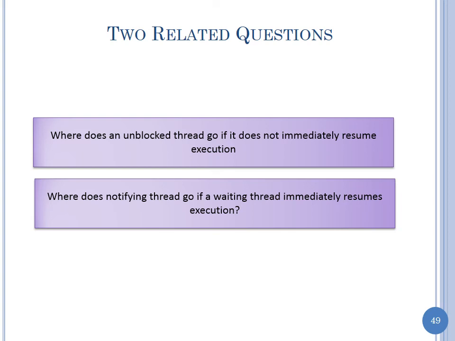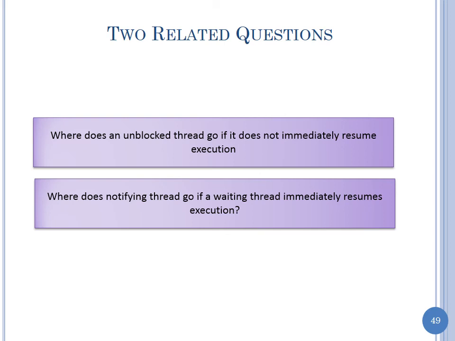Really there are two questions. One is that the unblocked thread indeed does not immediately resume execution. So the question is, where does it go? And the other question is, what if it does resume execution? We said that things can go either way. So if it immediately resumes execution, where does the notifying thread go in that case? Because the waiting thread has immediately started executing, the notifying thread hasn't finished executing the entry procedure, the synchronized method.